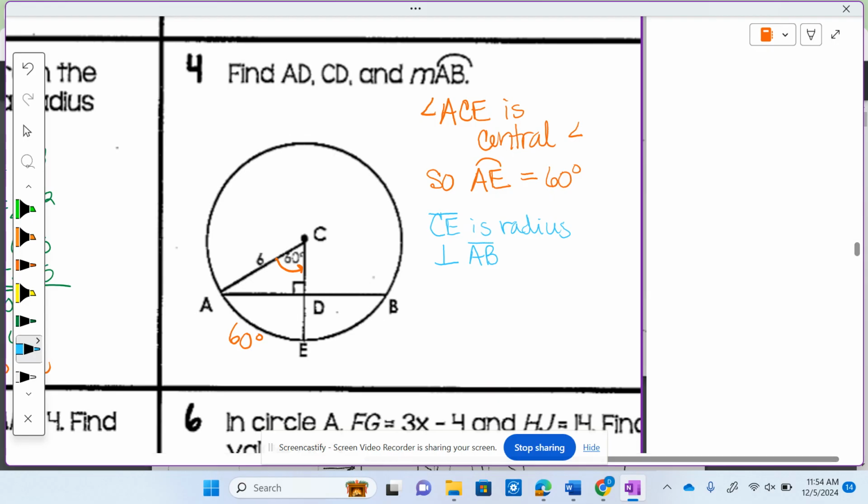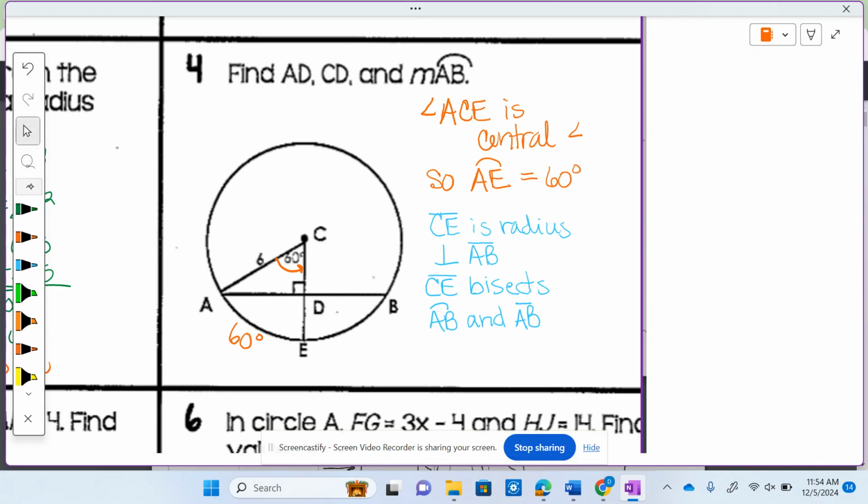Hang on a second. So we know that CE bisects segment AB and arc AB. So it bisects both the arc and the segment. And I have to name that arc actually AEB.